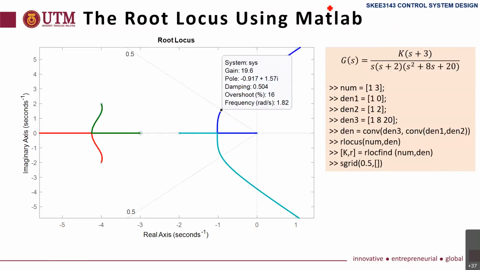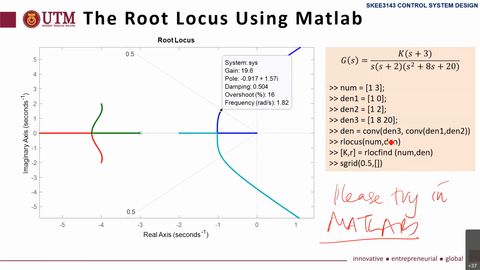For example, I want you to try Matlab and use this command. Okay, this is the transfer function. I give numerator equal to [1 3], that means s plus 3. Denominator, there are many ways to define the denominator.